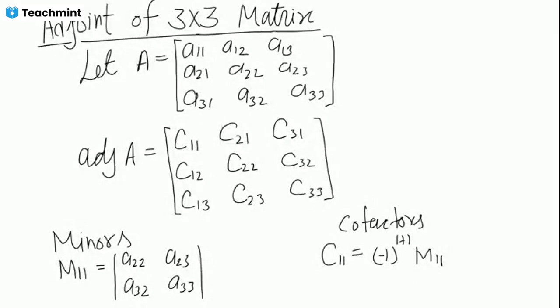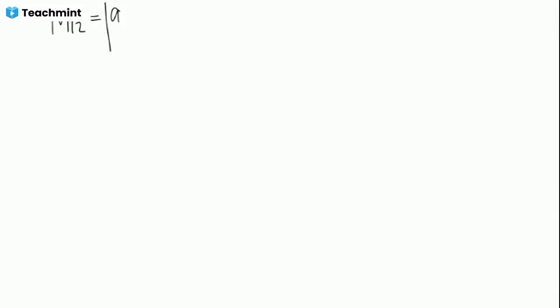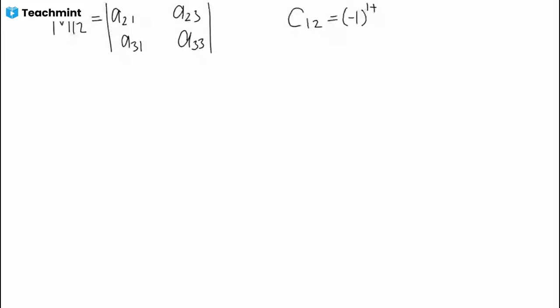M12: just leave the elements of the first row and second column. So we have A21, A23, A31, and A33. And C12 is minus 1 to the power 1 plus 2, because we add them. You can take it accordingly: if you have an even power, then you will get positive; if you have an odd power, then you will get a minus sign.